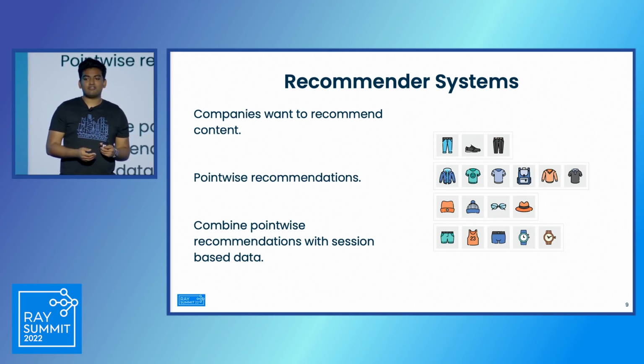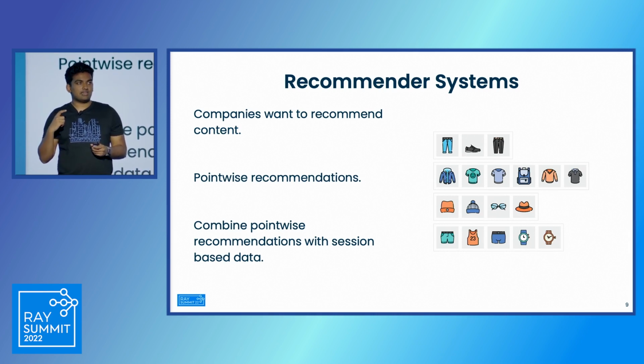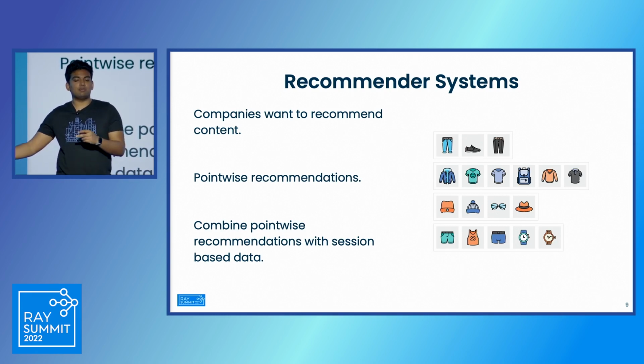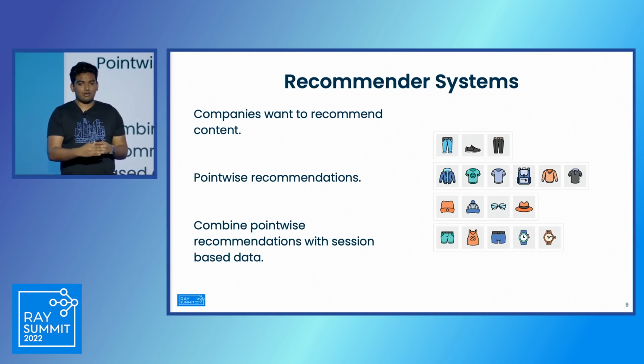And on Facebook, very naively, if we're recommending content to you, we might take in some data about your geolocation and some data about your age and maybe a couple of pages that you've liked, and then finally we'll combine that with some data over what is very relevant and current content that you might like. And so we can take this information and feed it into a model, and out can come point-wise recommendations that are in some ranked fashion.